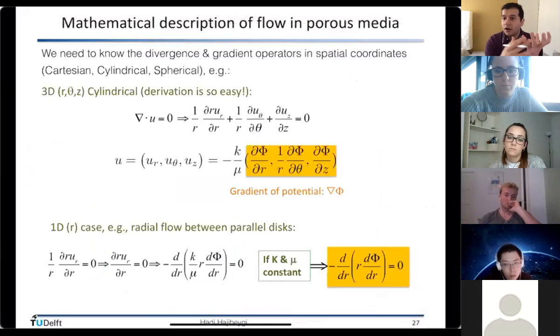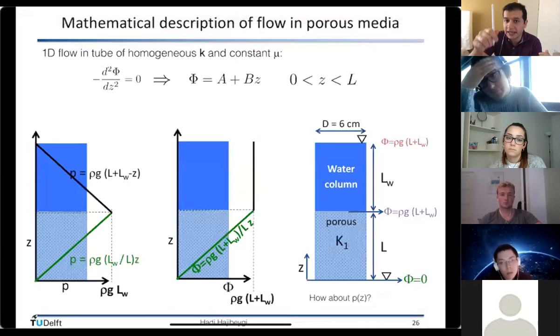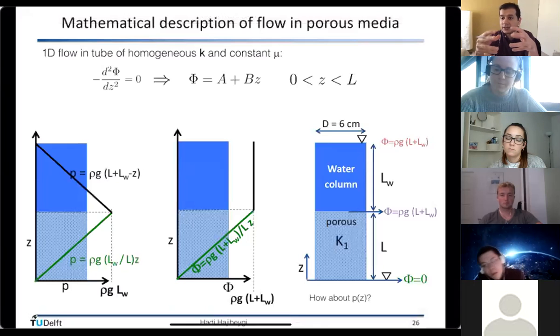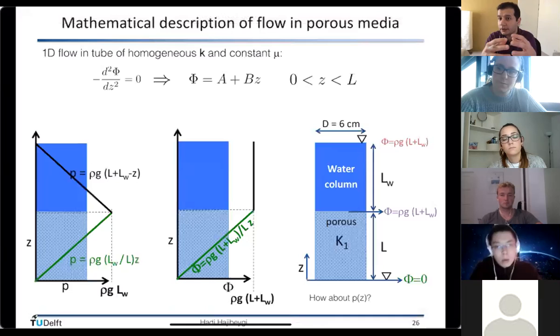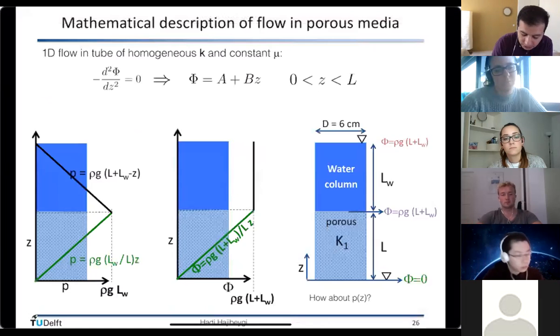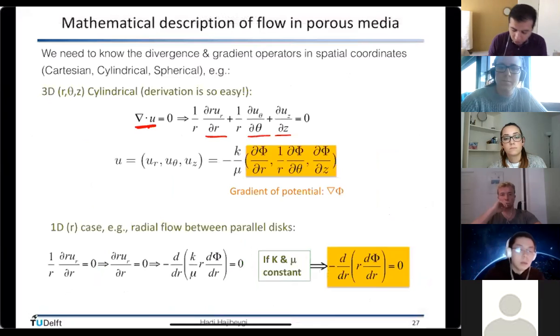The beauty of mathematical description is that we don't have to stay only in this system, which is vertical or horizontal, I mean, X and Y. We can study radial flow with the same concept. We can study flow around wells, which are more radial rather than linear like X and Y. In that case, you need to know the divergence operator in radial, spherical, or cylindrical coordinates if you are in 3D.